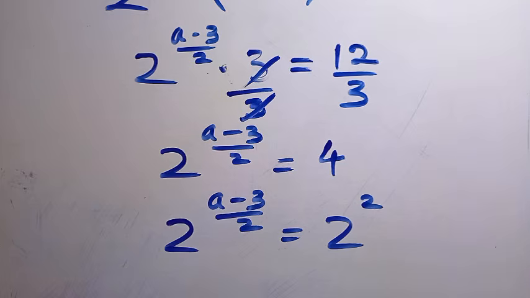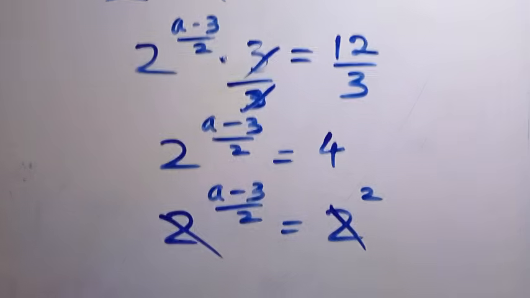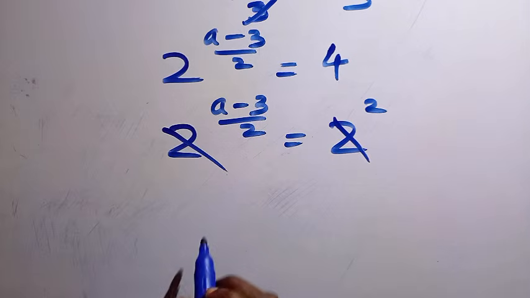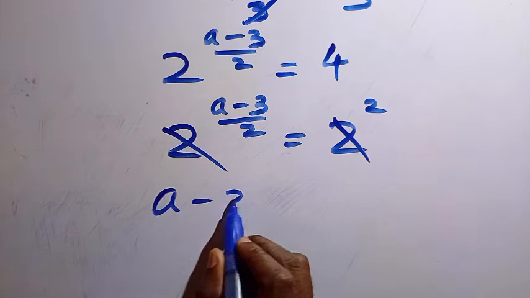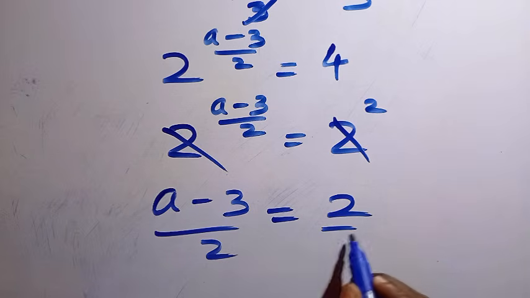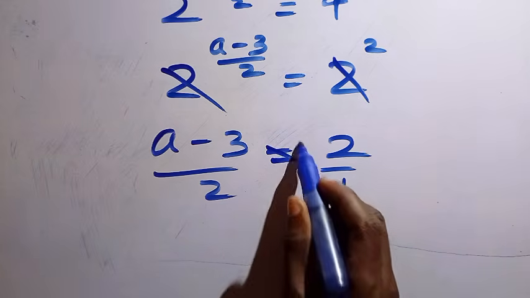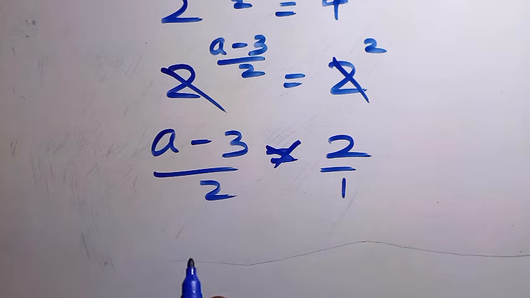Therefore, we cancel the bases and equate the powers together, which is a minus 3 over 2 equals 2 over 1. We cross multiply at this point to get the value of a.